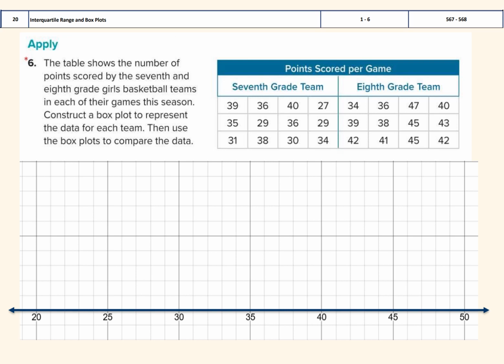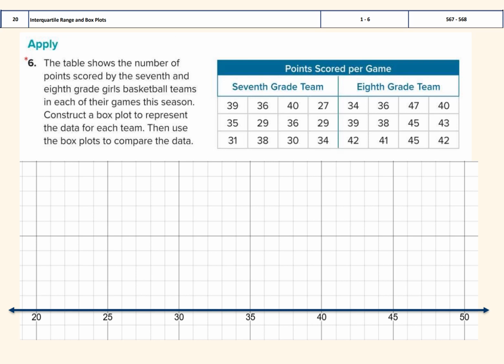This is 26, 27, 28, 29. 29.5 is going to be here. So I will make a point here in the middle. Okay? And then I'll plot the median, and then Q3.